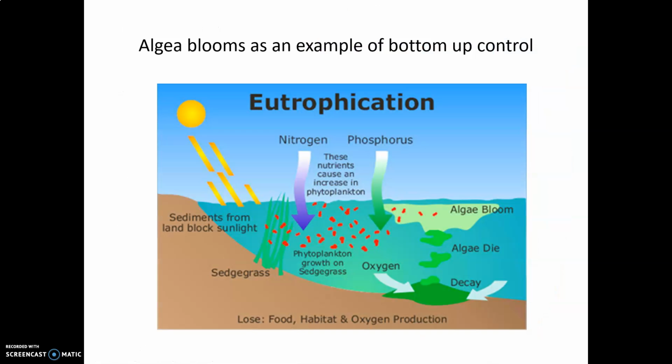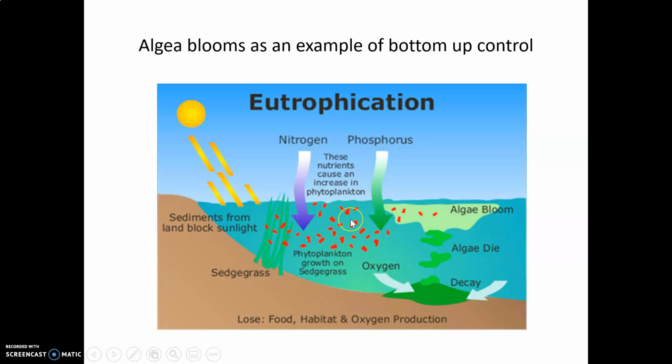And besides the herbivory example, one example that is mentioned specifically in your guide is algae blooms. And algae blooms are also an example of bottom-up control of the size of a certain population, in this case the algae population.